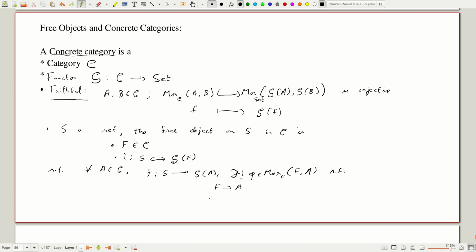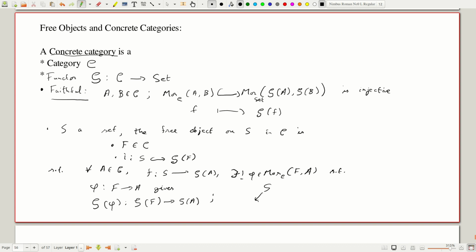This will give you S of phi, which is going to map the underlying set of F to the underlying set of A. And what we know is that we have the commutative diagram.